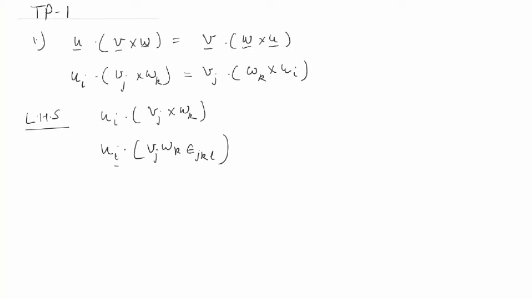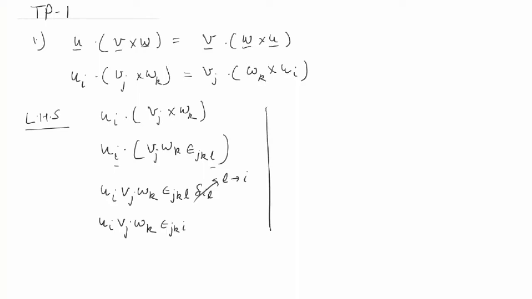So i and l are vector indices which we will now dot. When we dot ui vj wk e j k l with del il, where del il is again the Kronecker delta, we can get rid of this Kronecker delta by replacing l with i. So this becomes ui vj wk e j k i.